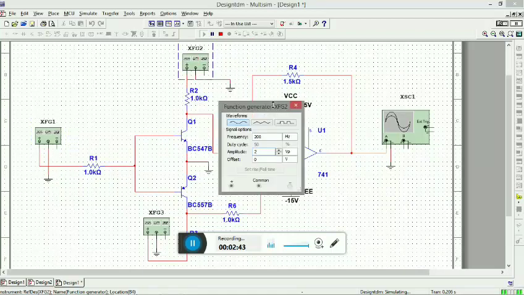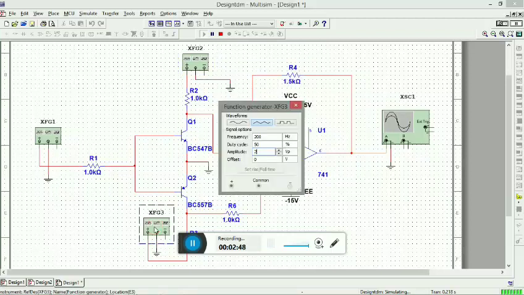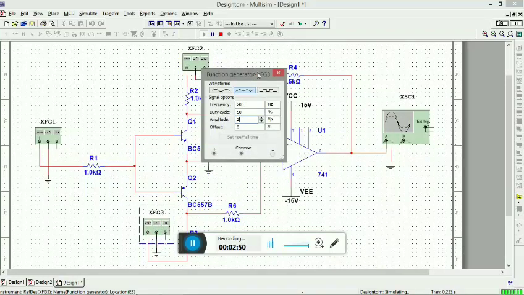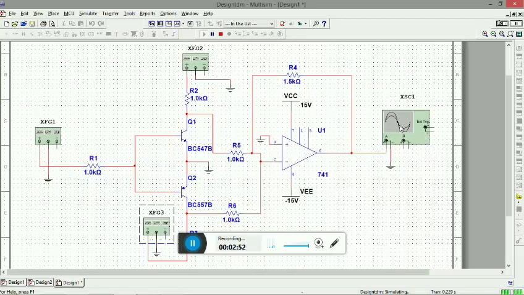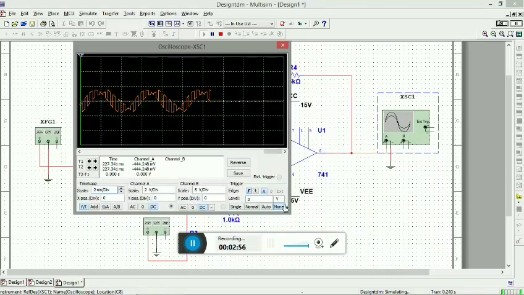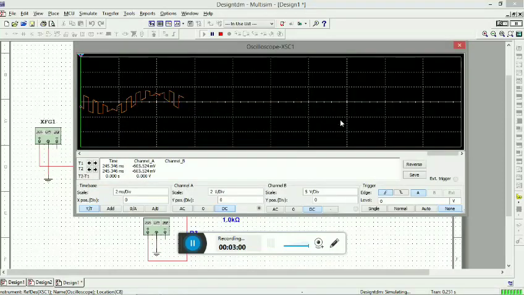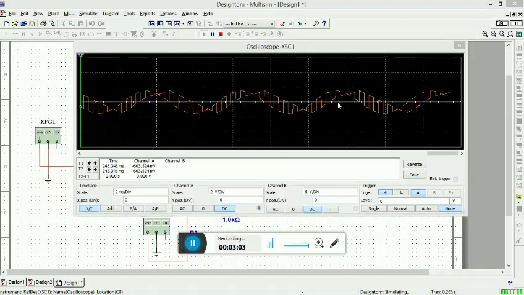This is the sinusoidal waveform which we explained earlier, the message. And this is the second message waveform which would be triangular. Now let us go to the output of the circuit. So yes, here we can see a PAM signal output.